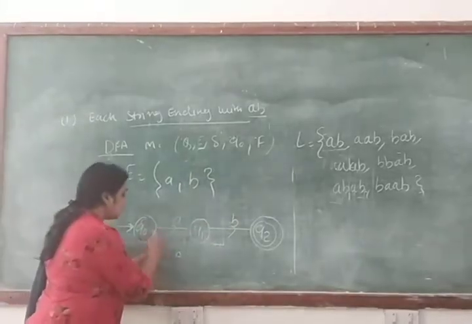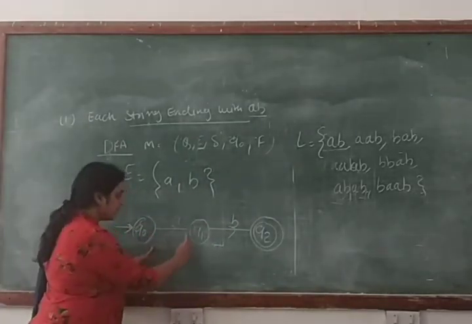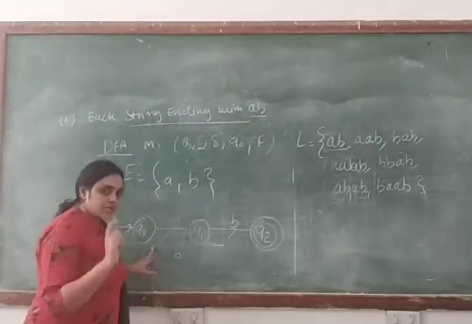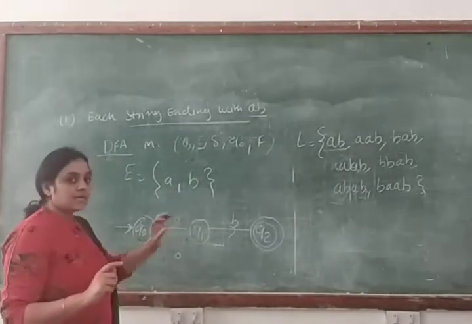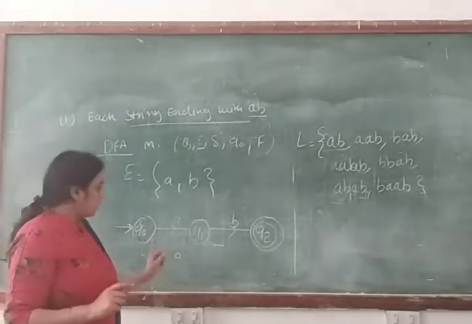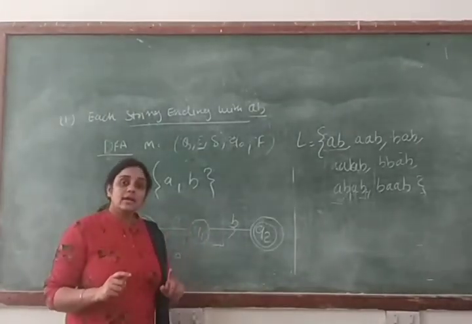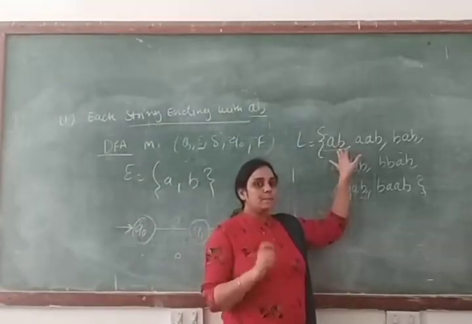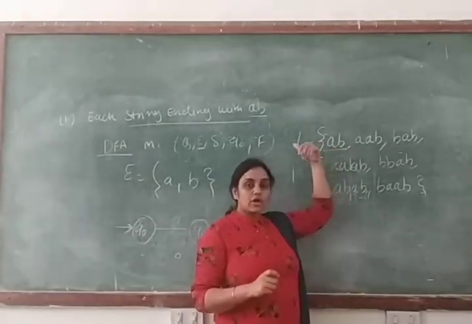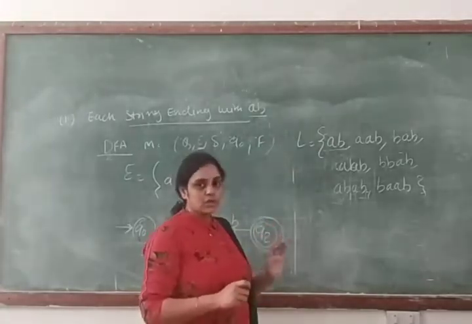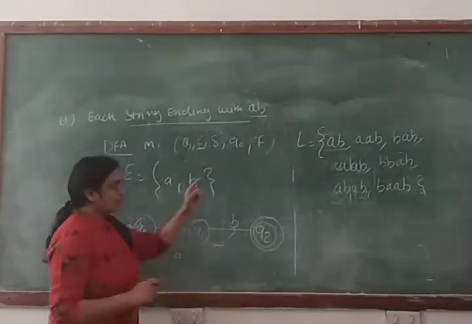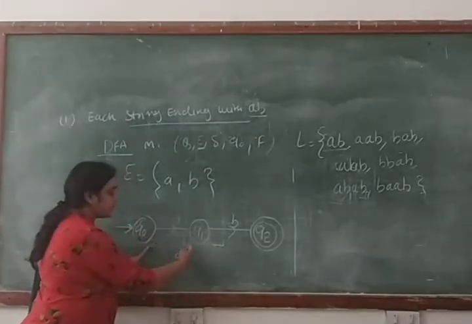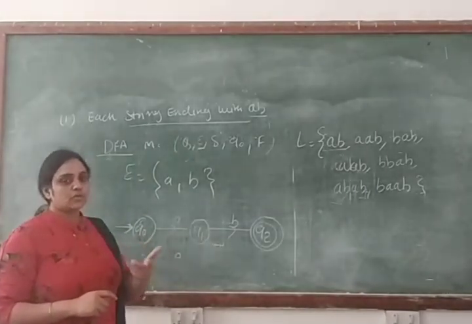So if you are making a transition for the input symbol B from Q0 state to Q1 state, after making this transition you will check whether this string is a part of your language or not. So BB is not a part of your language, because your strings are AB, BB, AA or BA. You cannot make it according to that condition in your language. So this string is not part of your language, so that's why we cannot make a transition for input symbol B from state Q0 to Q1.